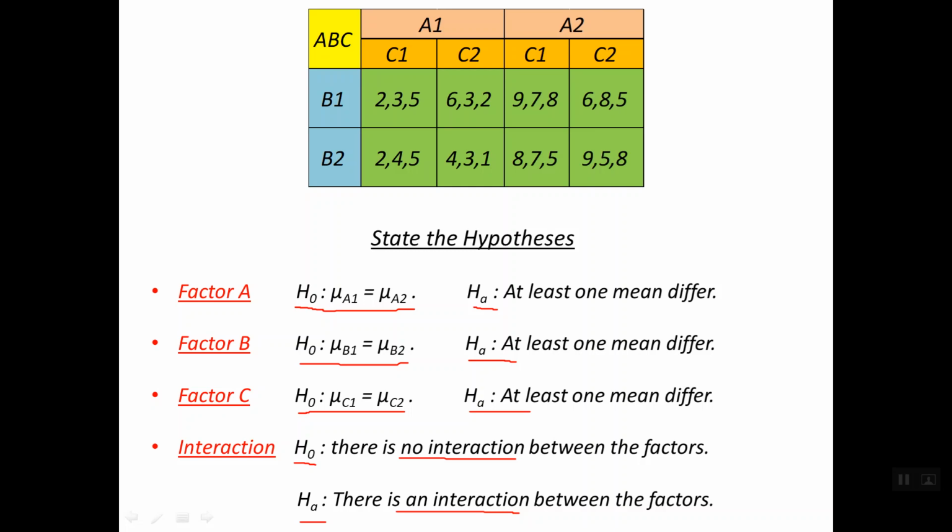For the 3 factors A, B, C, we have 4 combinations, which are AB, AC, BC, and ABC. So we need to test 7 hypotheses for this question.